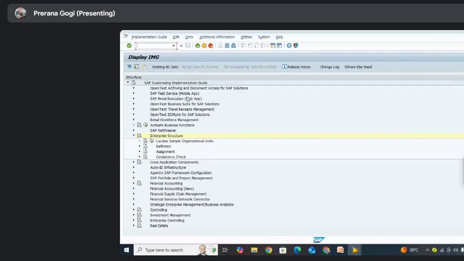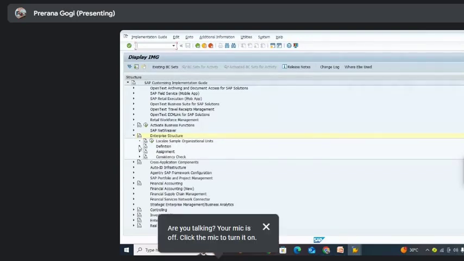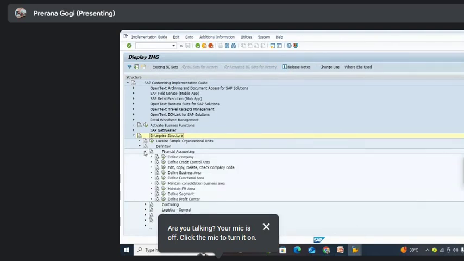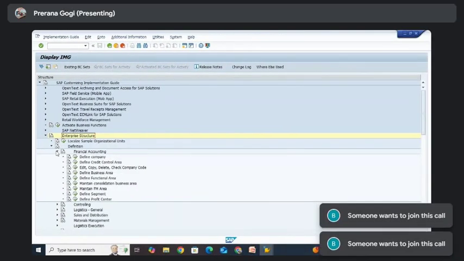And this is how we enter manually. We call it the navigation path. This is the navigation path, one by one we open here and we start. But we have one more, called the T code, that is transaction code.